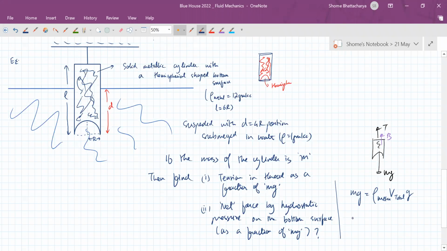So volume will be equal to how much? It will be this much. Solid cylinder's volume minus the hemisphere cut out from the bottom, and put L equal to 6R.